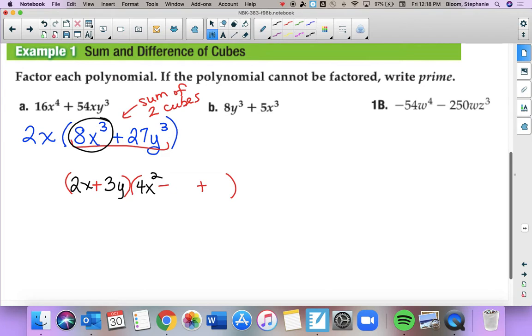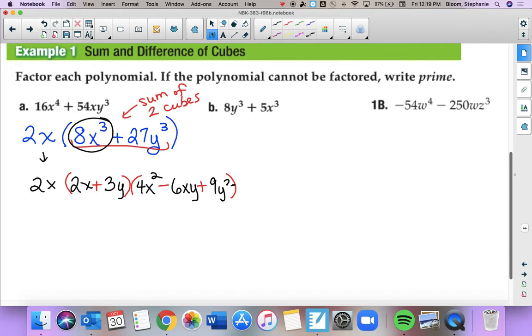So I take my a and my b and I multiply them together. What's 2x times 3y? 6xy. And then I take my b, 3y, and I square it. What do you get when you square 3y? 9y squared. And then you're going to bring down your 2x.